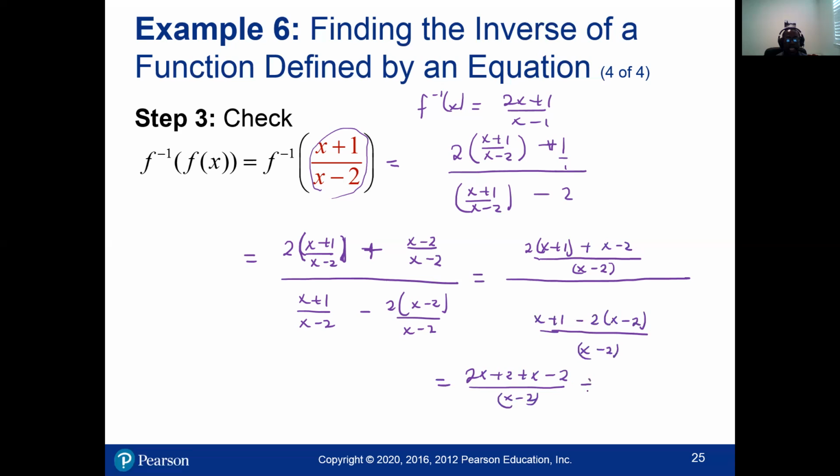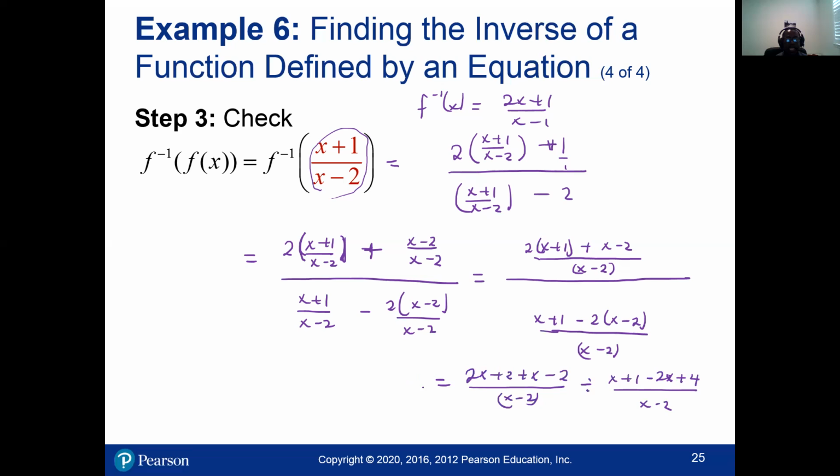All right, this is the division sign. Then the numerator here is x plus 1, then minus 2x plus 4, also divided by x minus 2.